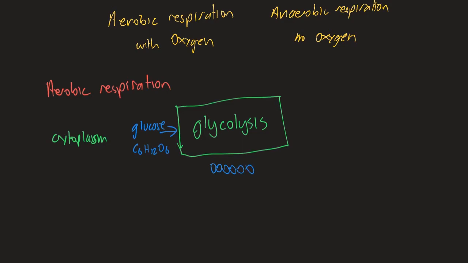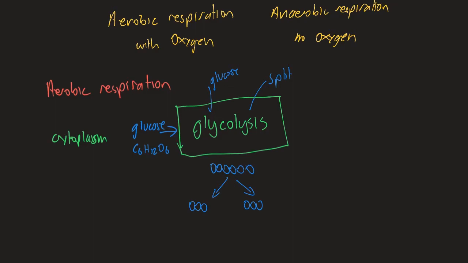And the process of glycolysis, so lysis means to split, and gly means glucose. So we're talking about the process of splitting glucose. We split it into 2 molecules, each with 3 carbons.